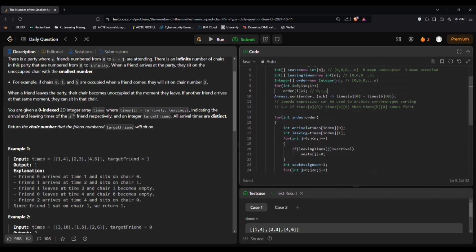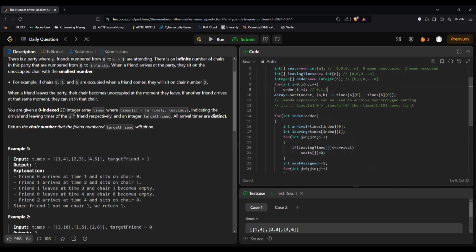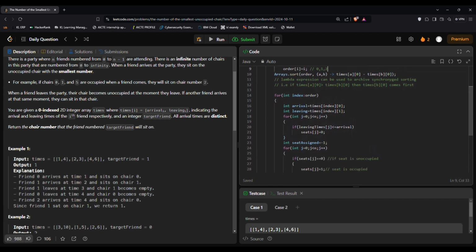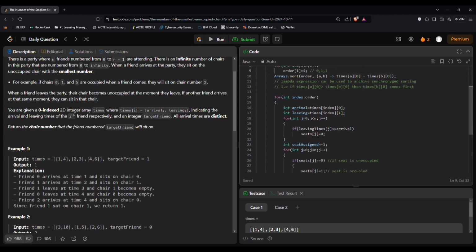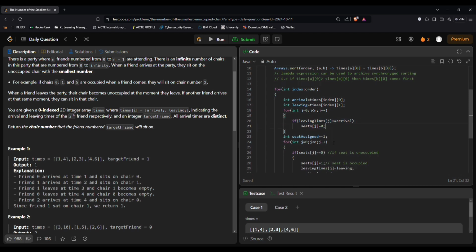There is no need for initialization of the 3 elements in a for loop. Okay, the arrival time and leaving time with respect to the index are considered and initialized into two variables called arrival and leaving. By using a for loop, I have fit the person into the seats, looking for the seat whose leaving time is lowest compared to the arrival.